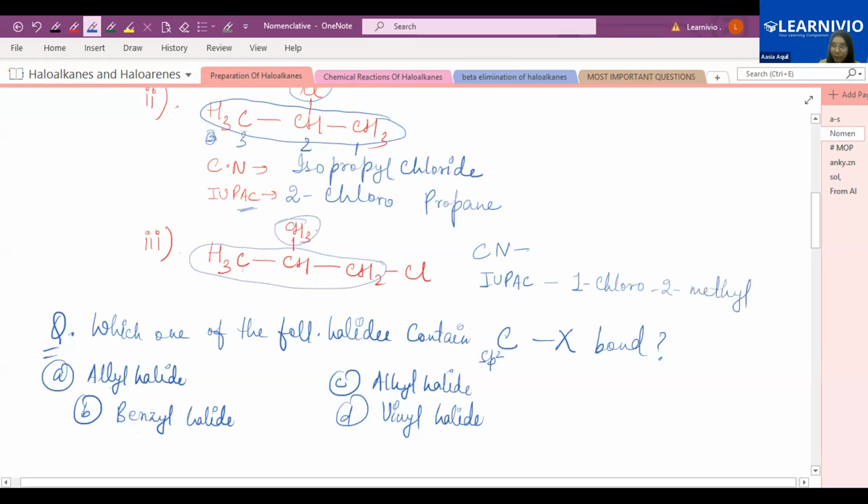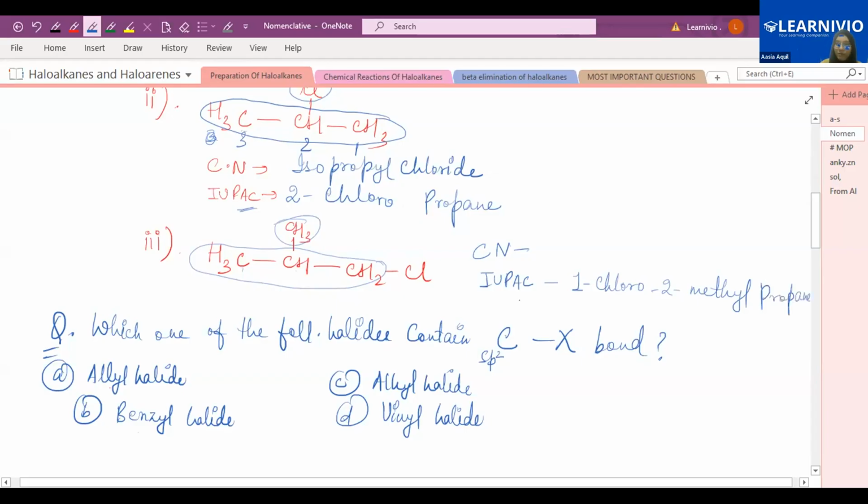This is your CH3 group, and for the CH3 group we write methyl. So 1-chloro-2-methylpropane.